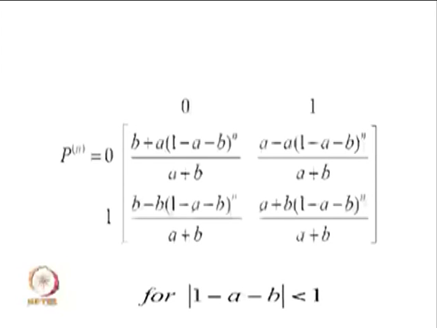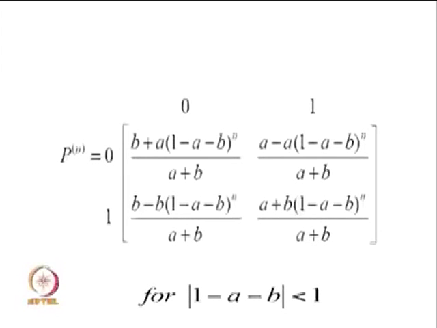Once the one step transition probability from 0 to 1 is a, then 0 to 0 will be 1 minus a. Similarly, 1 to 0 has probability b, and the other digit transmission, 1 to 1, will be 1 minus b. So, this is the state transition diagram and the one step transition probability for a given time homogeneous discrete time Markov chain.